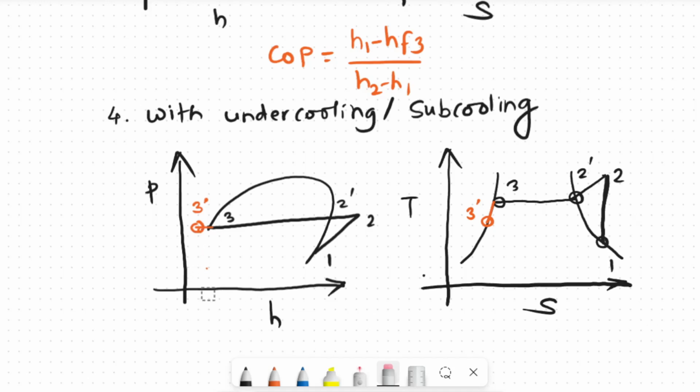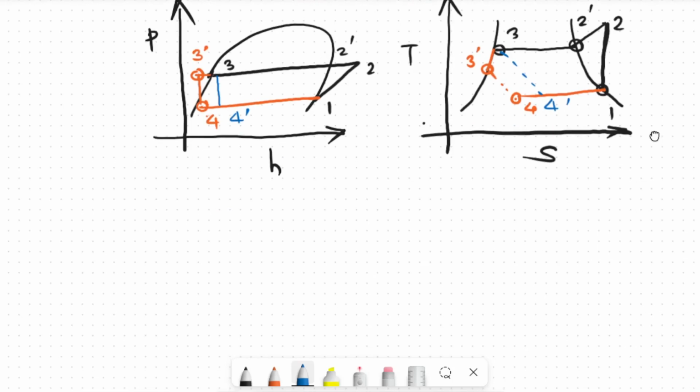Just let me draw. So this is point 4, and here is the process of evaporation. If I compare with the original cycle, there it will be point 4 dash, and on the TS diagram it will be like this. So let us see the COP.